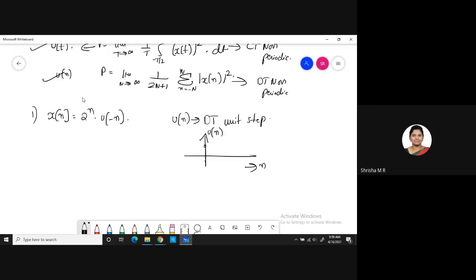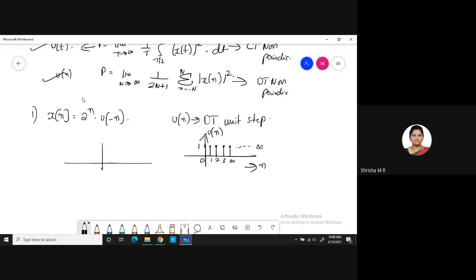So it will exist from 0 up to infinity. From n is equal to 0 up to infinity, this signal will exist with an amplitude 1. What is u of minus n? It is the time reversed version of u of n.